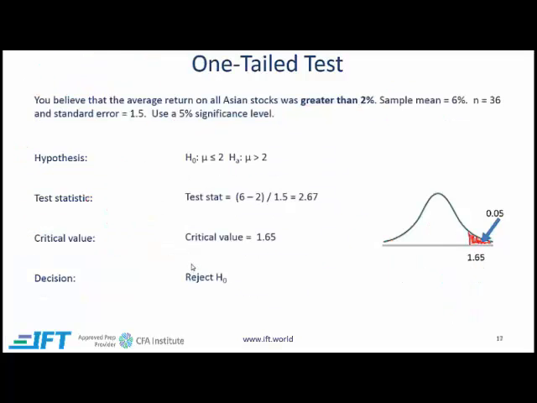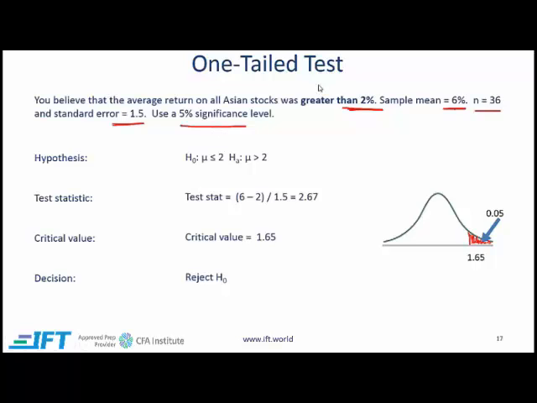Okay, next point. Now we go to a one-tailed test. So notice with a one-tailed test, as the name implies, you just deal with one tail. Now, you believe that the average return on all stocks was greater than 2%. The sample mean is 6%, n is 36, and you are given the standard error is 1.5, and use the 5% significance.